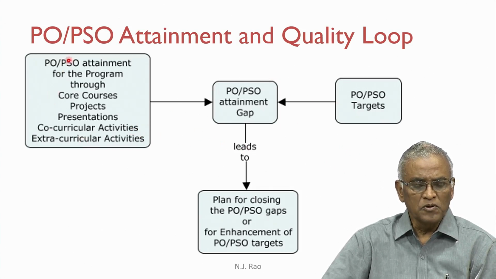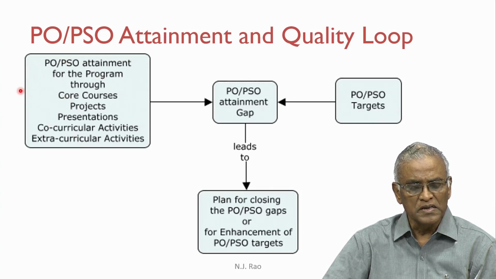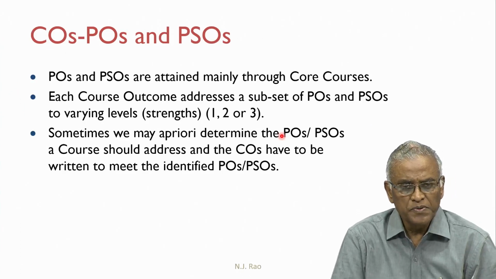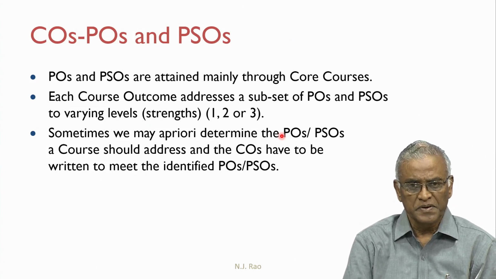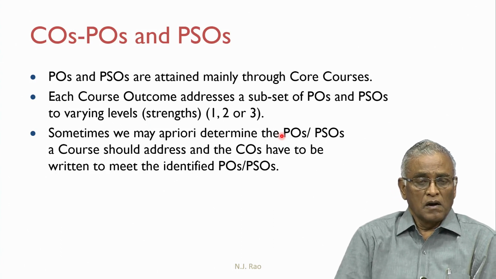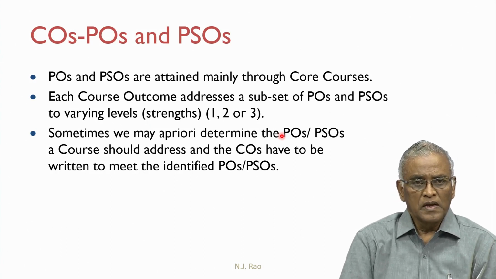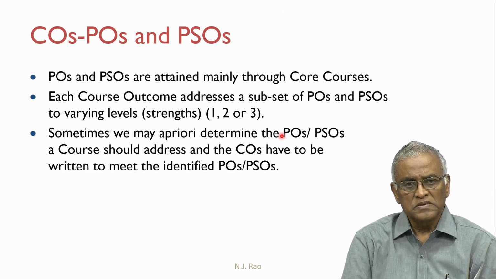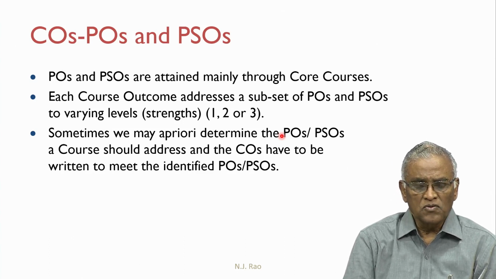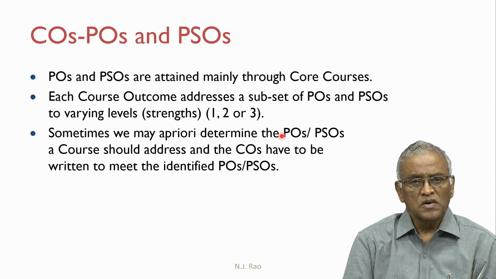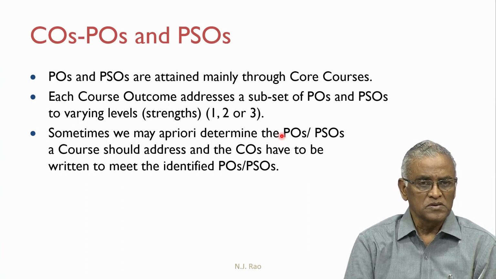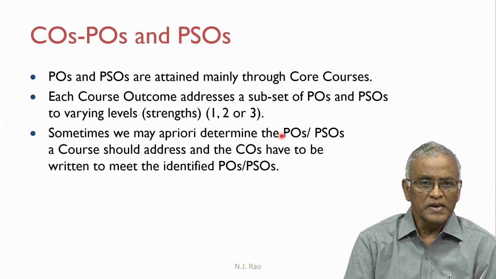For example, how are the PO PSO attained? They are attained through various activities that we have already listed. And as we said, POs and PSOs are attained mainly through core courses, because they constitute a significant percentage of activities in an undergraduate program. If you look at any one course and each course outcome of that course, each course outcome addresses only a subset of POs and PSOs, and to varying levels, which we call strengths.